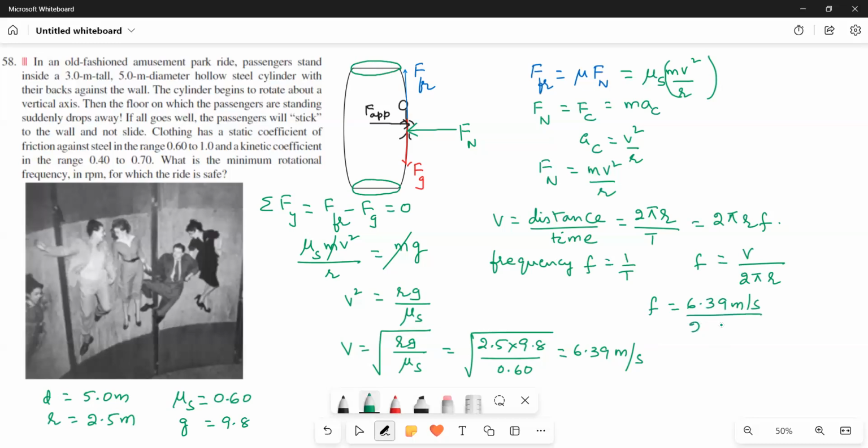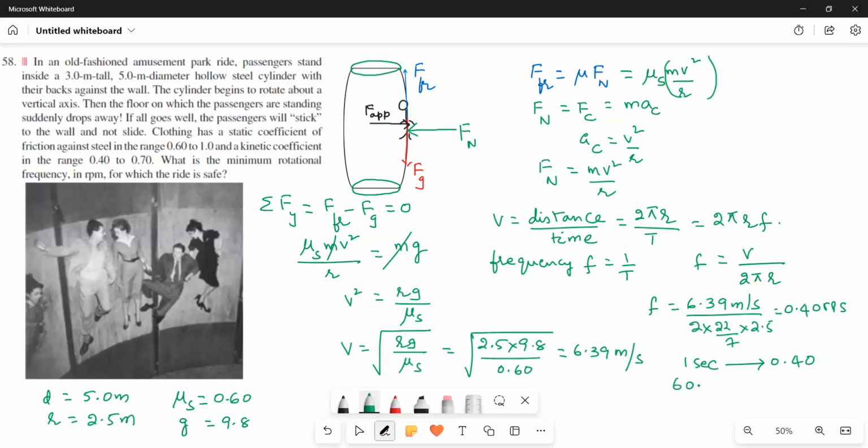Therefore, f is equal to 6.39 meters per second divided by 2 times pi, where pi is 22 over 7, times r, which is 2.5. This gives 0.4 rotations per second. So in 1 second, the object will move 0.4 rotations.